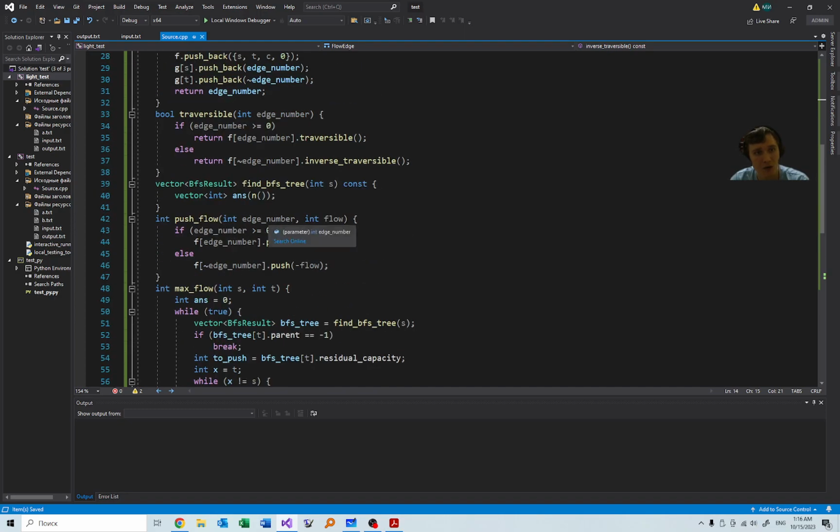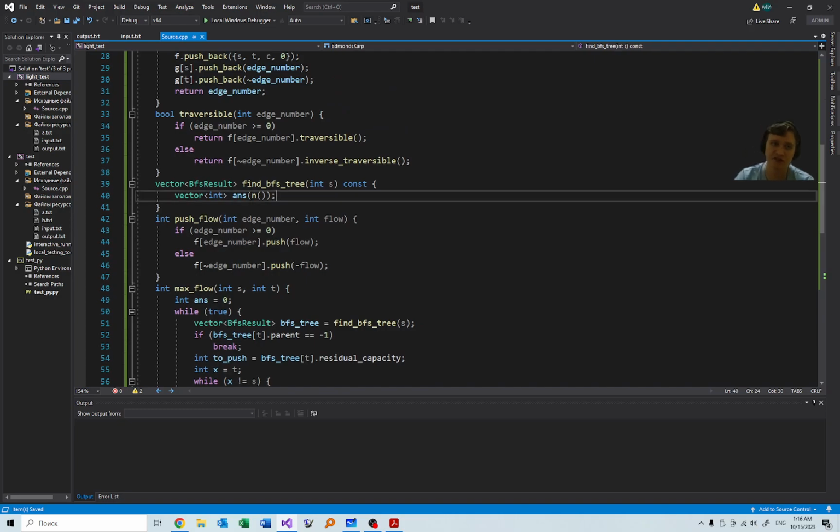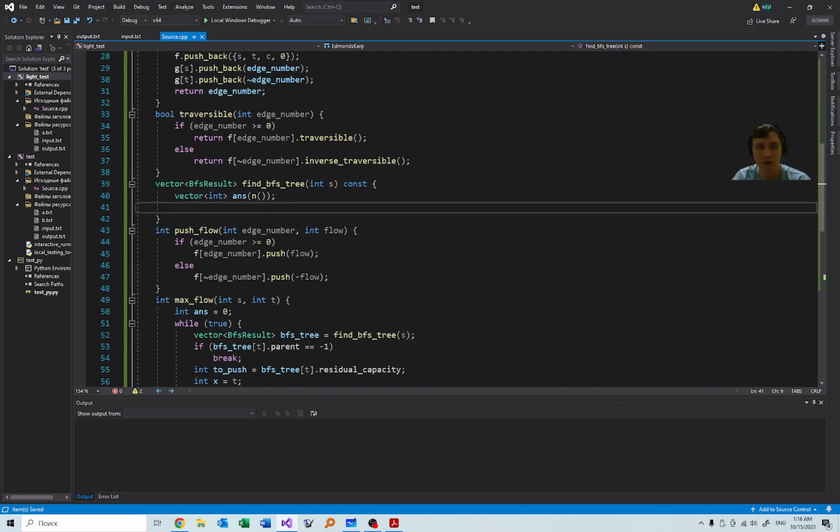Great. Now, when we have done this, we can construct the BFS tree. How? Do this. We make a queue.